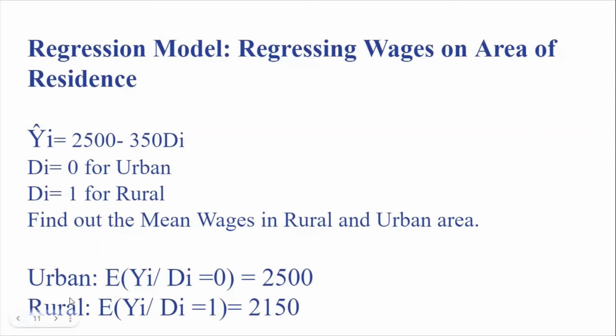Similarly, the expected wages in rural area would be given by expected value of yi for given di equal to 1. So if you put di equal to 1, this would be 2150, okay, 2150. This is how you can estimate the mean wages in rural and urban areas in a simple regression model, right?